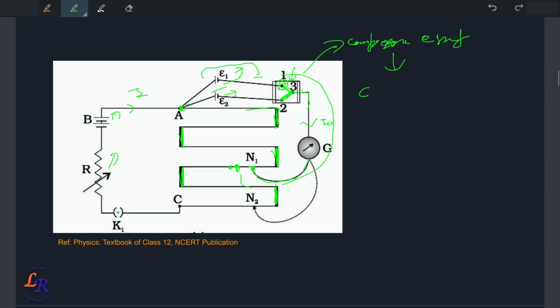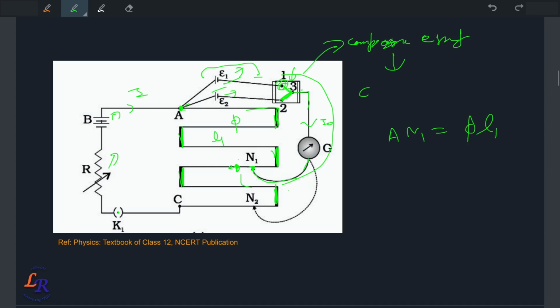So you'll have something like a Wheatstone bridge. In that case, what would be the current? The current would be 0 here. Let's say this is a wire of uniform resistance, so that per unit length there is a potential difference phi, and let's say this is the distance L1. At L1, the point from A, the distance is L1, then the total potential difference between A and n1 will be phi L1.